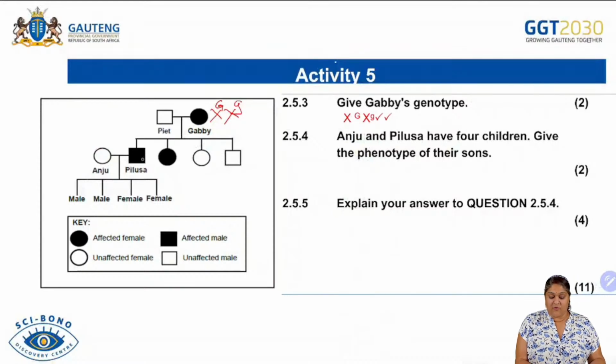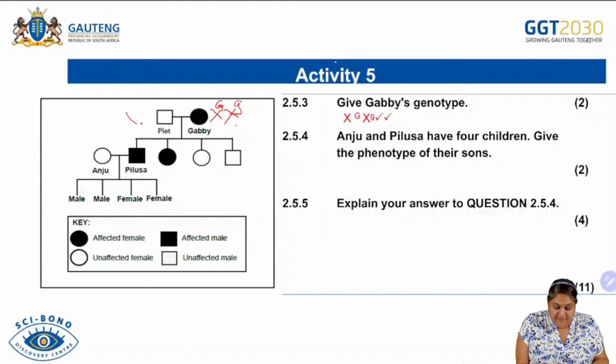Why? Because the offspring, can you see that there are females that are unaffected, and the unaffected females will have to be homozygous recessive, and the homozygous recessive gene has to come from each parent. So one has to come from here and one has to come from this side.